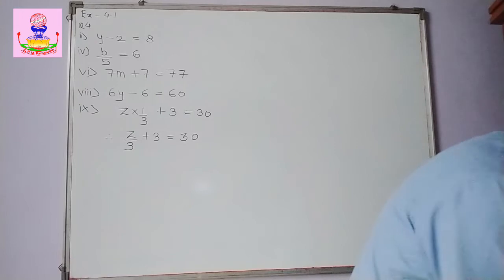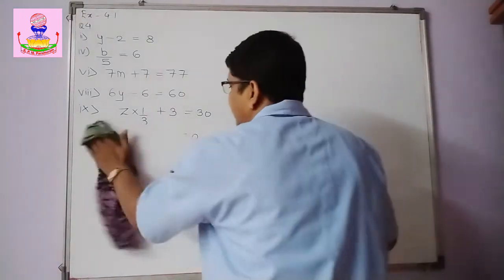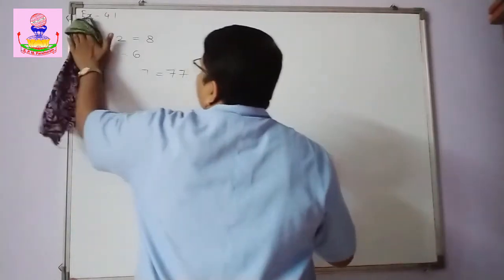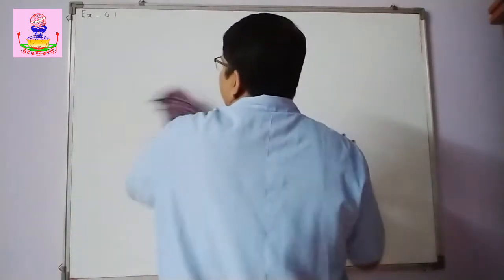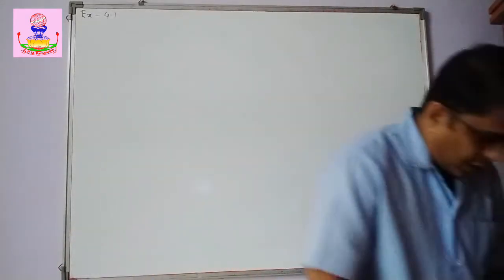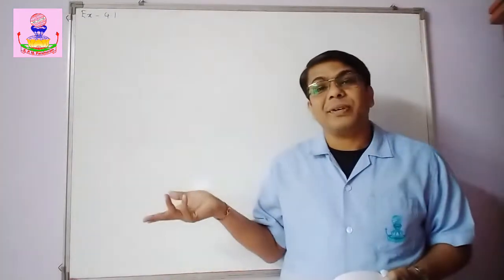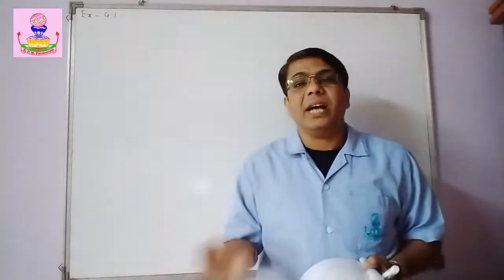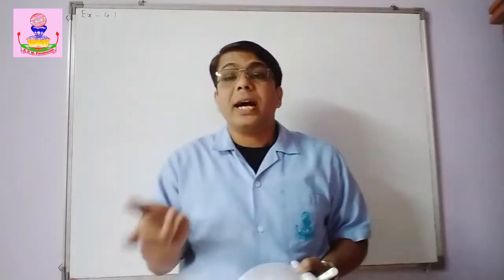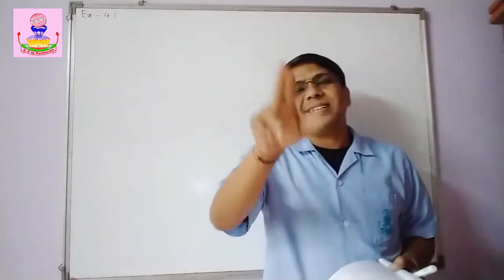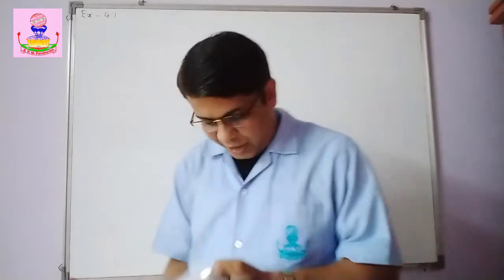Now question number 5. Write the following equations in statement form. Previously we formed equations from the statements. Now we are supposed to write statements from the equation, exactly the opposite of that.